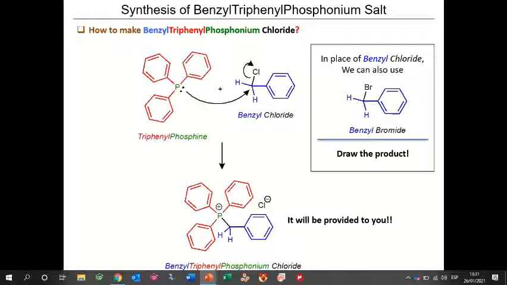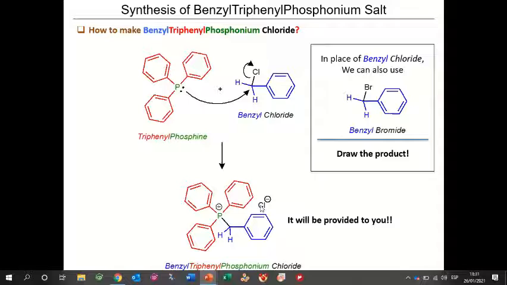in the triphenylphosphine are going to attack the electrophilic carbon in the benzyl chloride that you can see over here, and at the same time the pair of electrons of this bond are going to migrate to the electronic cloud of the chloride.